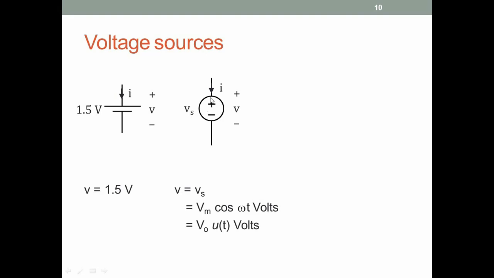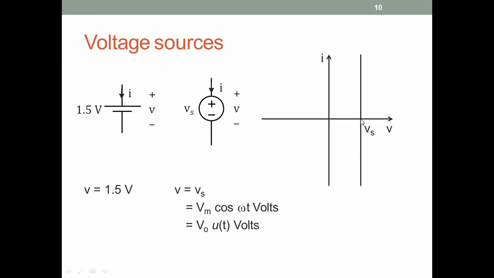So what is the IV plot of an element whose x value is always constant? Let's see. It is a vertical straight line. The voltage across the voltage source is always Vs, independent of the current through it. So the current can be positive, negative, large, small, zero. The voltage is always Vs.